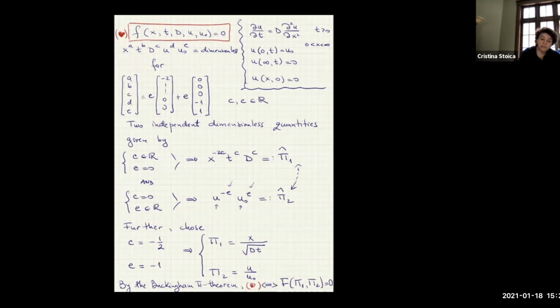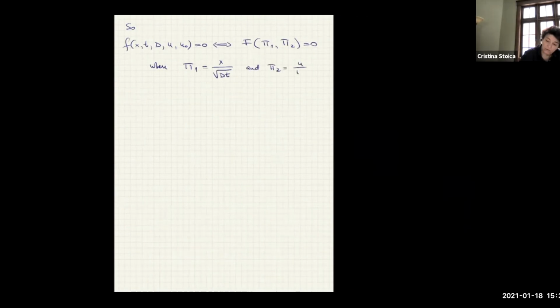Okay, so this guy that I put with hearts becomes this relation f in pi 1, pi 2 equals 0, right? So f of x, t, d, u, u naught equals 0 is equivalent to some f of pi 1, pi 2 equals 0, where pi 1 is x over root dt, and pi 2 is u over u naught.